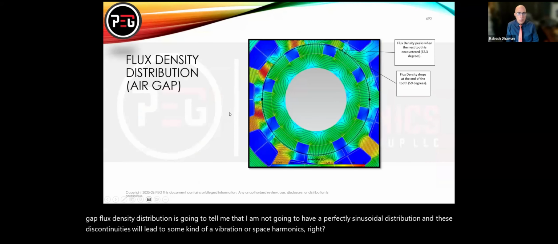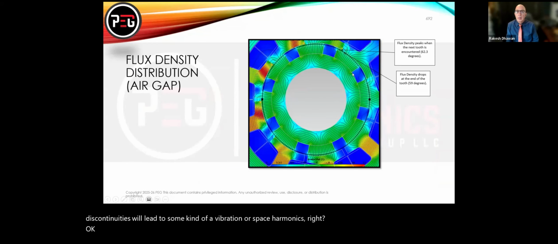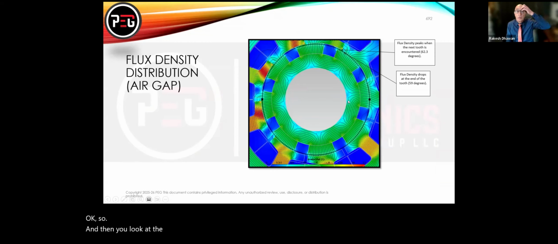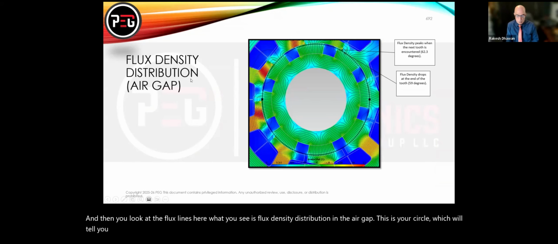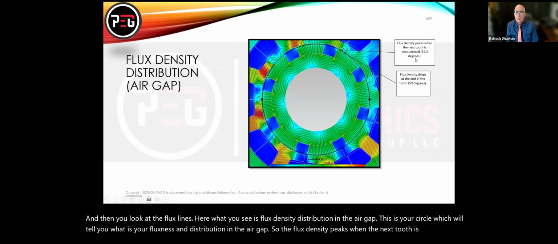Okay, and then you look at the flux lines here. What you see is the flux density distribution in the air gap. This is your circle, which will tell you the flux density distribution in the air gap. The flux density peaks when the next tooth is encountered at 62.3 degrees.